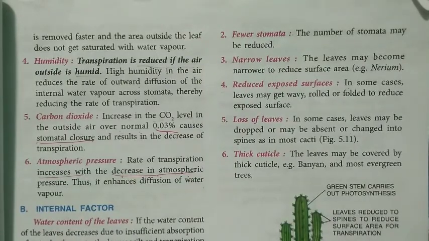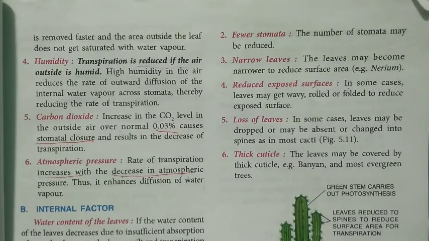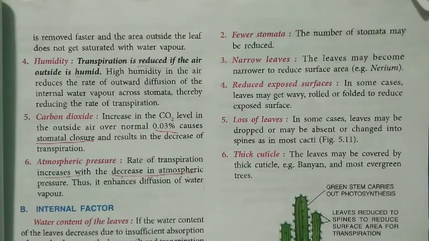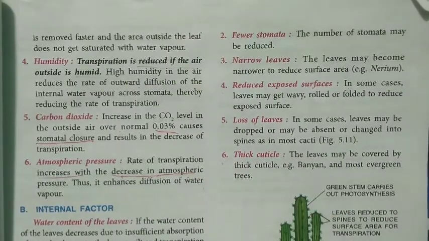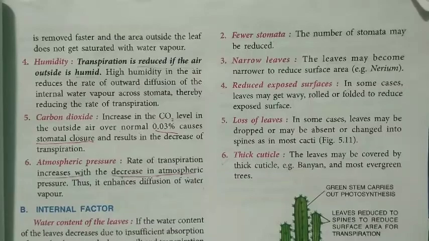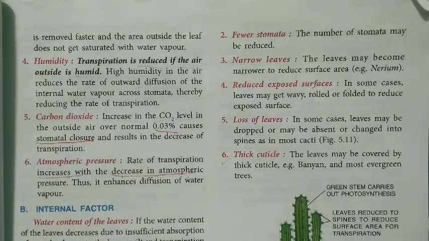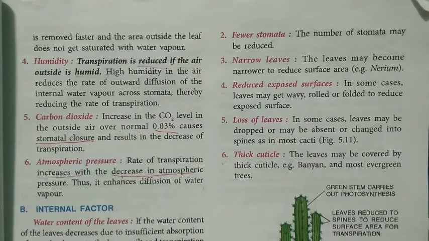For example, in cactus, the leaves are modified into stems so that water should not get lost from their body. Now the next one is thick cuticle. As we discussed earlier, cuticle is a waxy coating around the leaf. That means if the cuticle is very thick, the loss of water from the plant will be very much less.